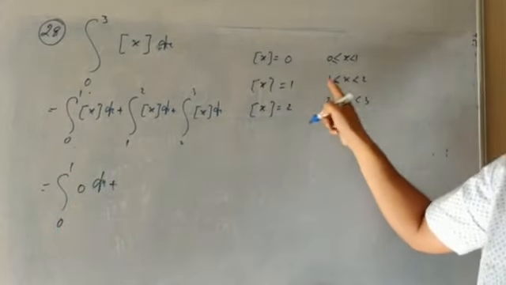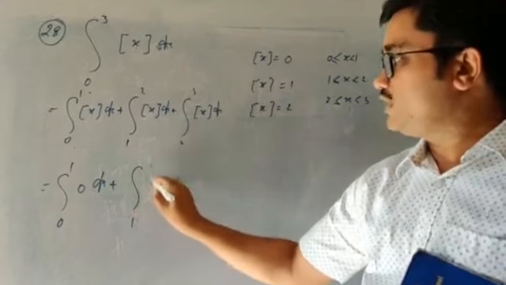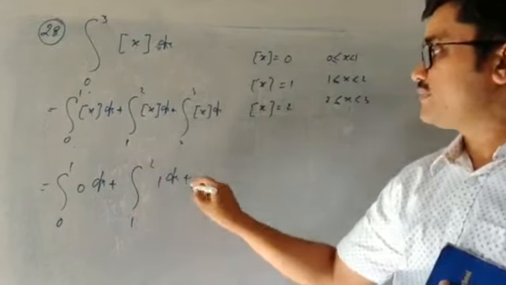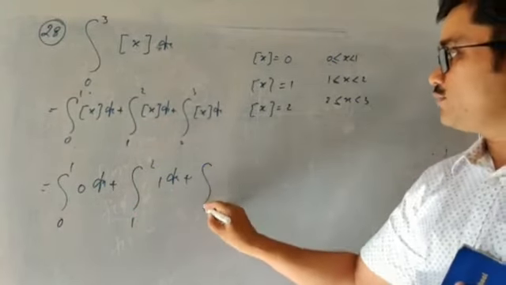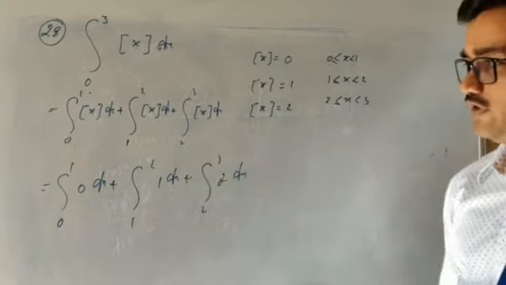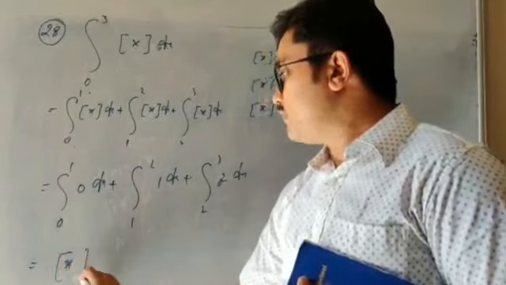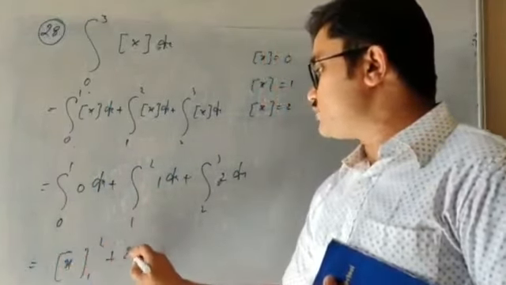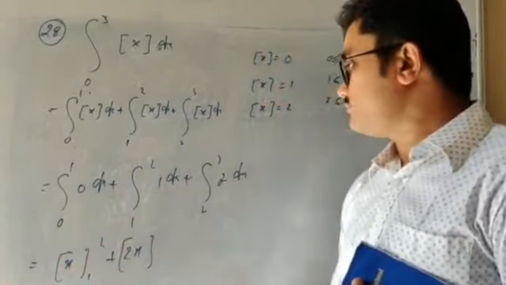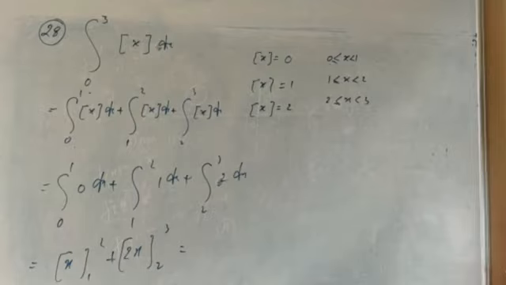The second part, between 1 to 2, is 1, so it is integration 1 to 2 of 1 dx. And the third one is integration from 2 to 3 of 2 dx. You know, integration of 0 will be 0, so no need to solve that. This is x from 1 to 2 and this is 2x from 2 to 3.